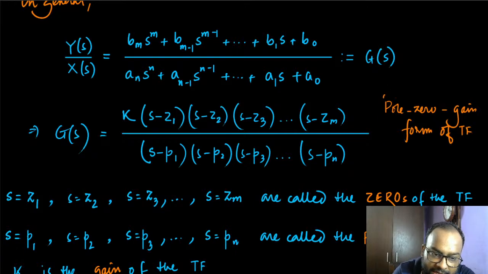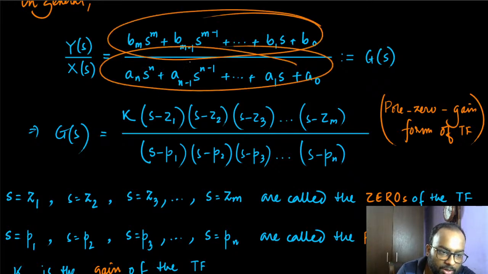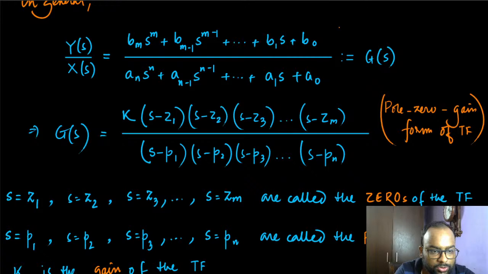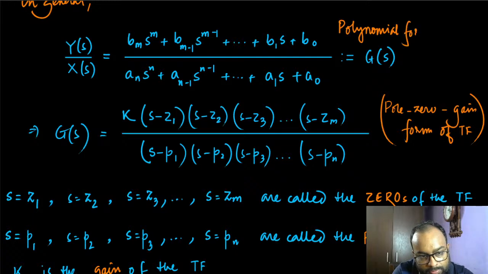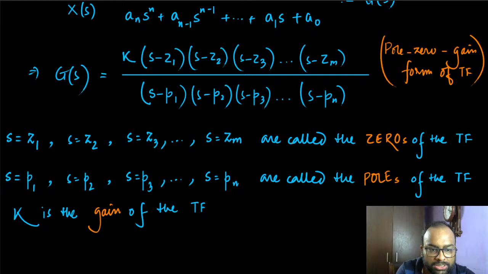Transfer functions are representable in many different ways. This is called the polynomial form of a transfer function, when we express them as polynomials. And this is the pole zero gain form.